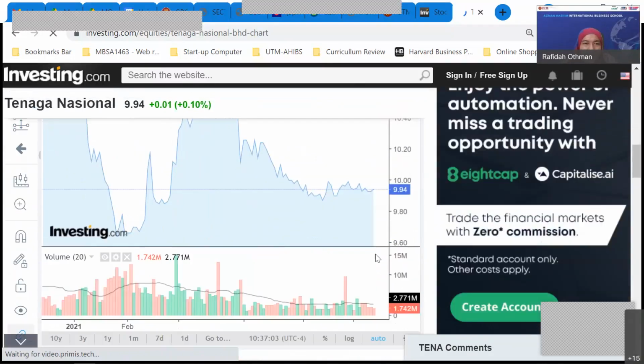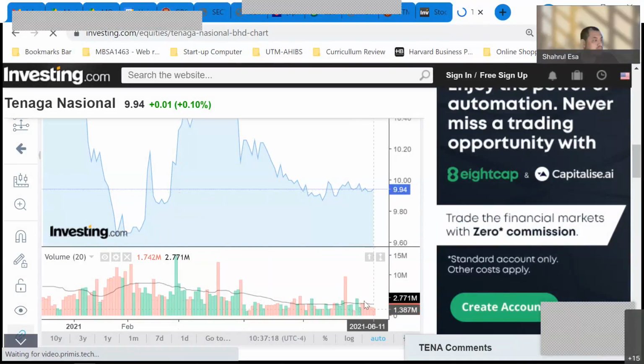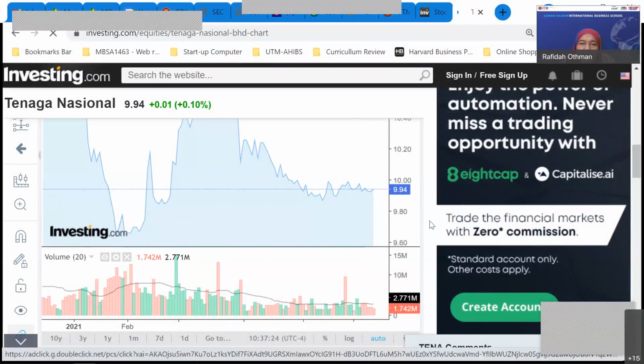The chart here is actually falling, so it is expected that the price will go down. You see the moving average here, right? The trend is moving down, so that's why they suggest you to sell.